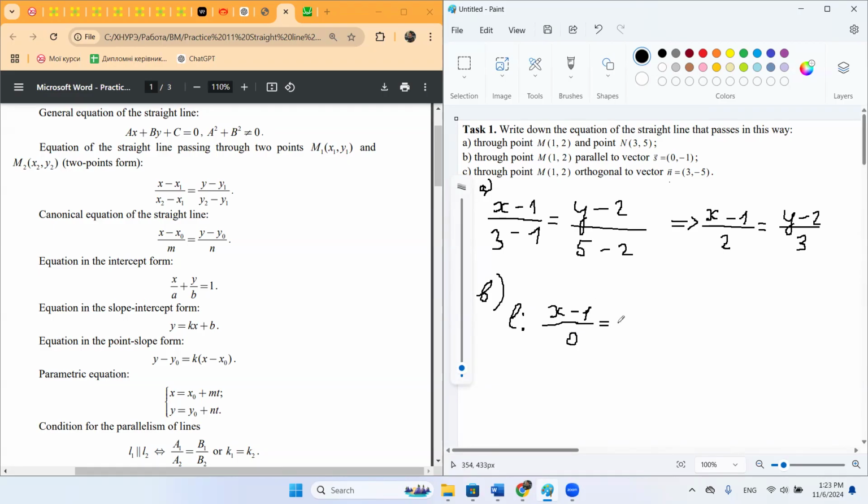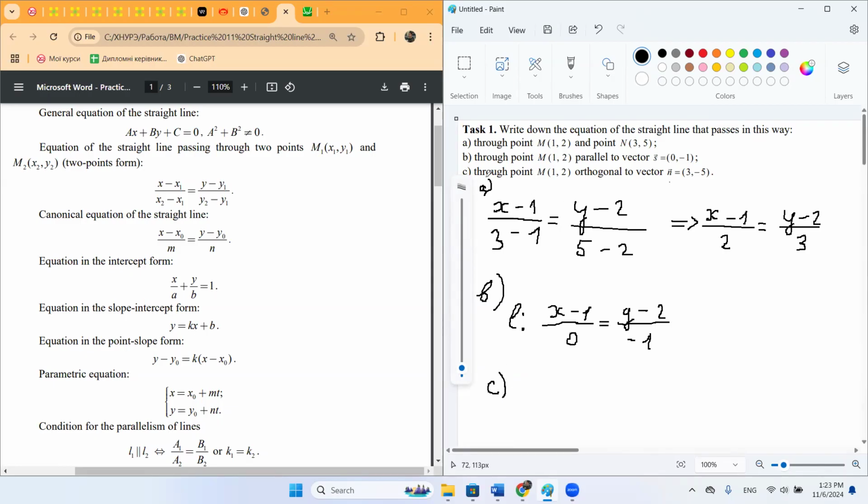By the way, we don't basically divide by 0. It's just a form that is understandable for us. It just means that the x coordinate of the direction vector is 0. And that's all it means. So this is the solution.